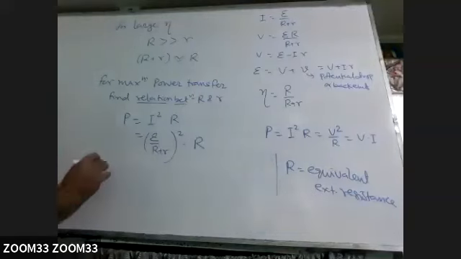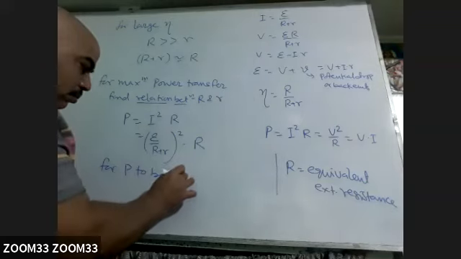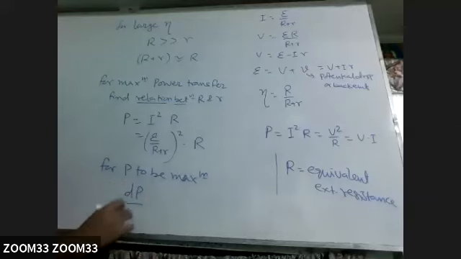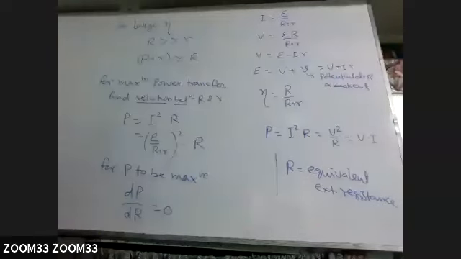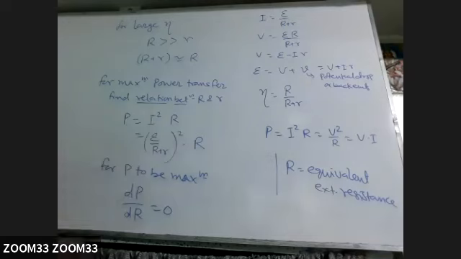So what will be the condition for P to be maximum? dP over dR must be 0. So if we differentiate this with respect to R, it should be 0, because we want to know the relation between R and r.